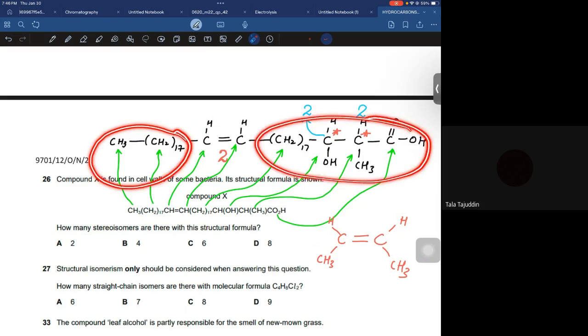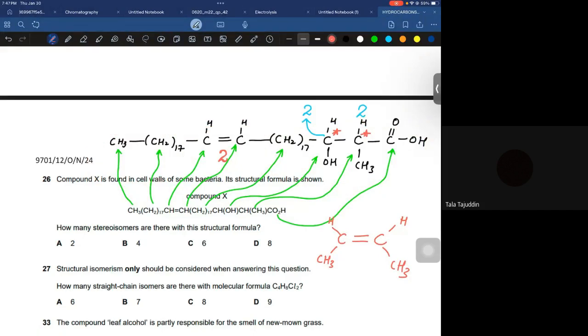So ultimately you can draw the four isomers for this. So 2 and then 4, so the total isomers are 8. But remember, you have to look at the structural formula.